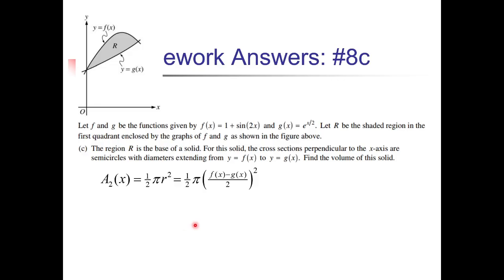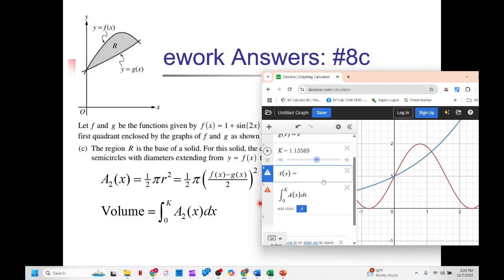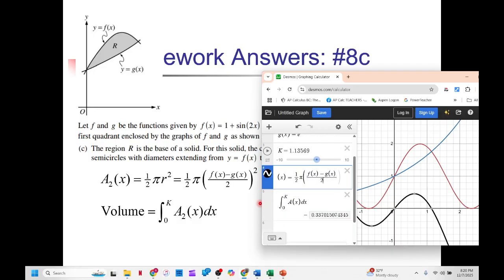And just like before, I'm going to be integrating this from 0 to k, and this time I'll have a sub 2 of x dx. Let me just go back to the calculator now. I can leave this a of x dx where it is because I'm not changing that. I am going to change this area formula though. So let me get rid of all of that. This is going to be 1/2 times pi, and then parentheses, fraction, f of x minus g of x, all of that over 2.